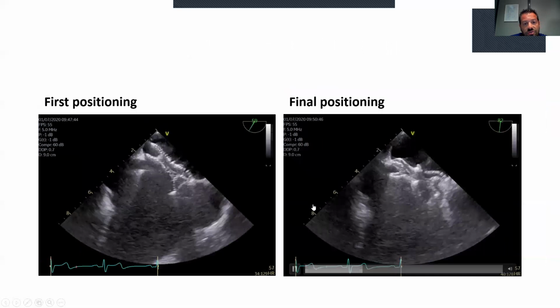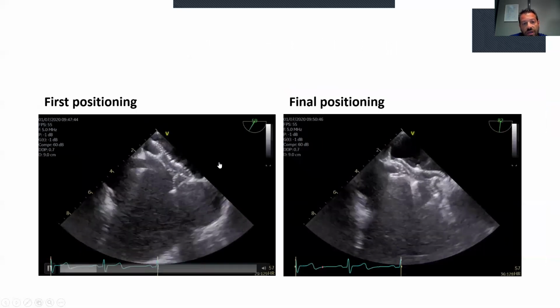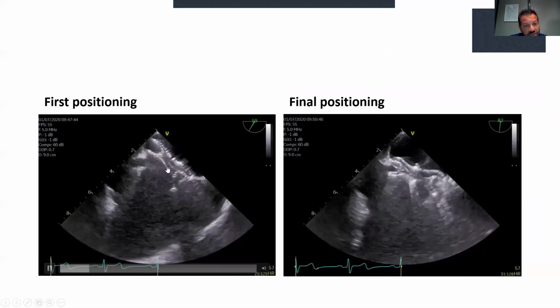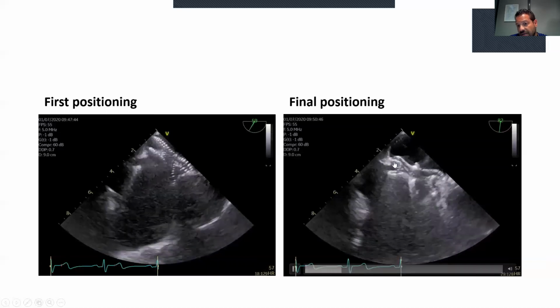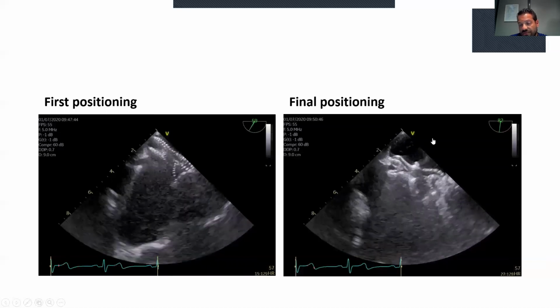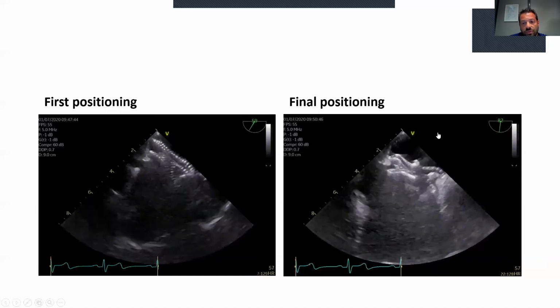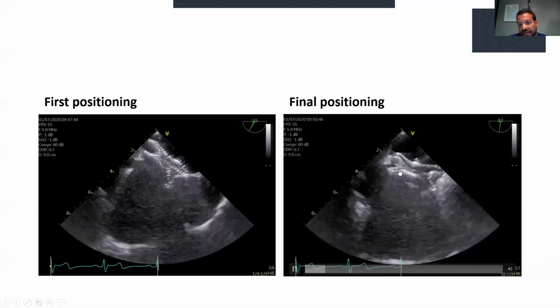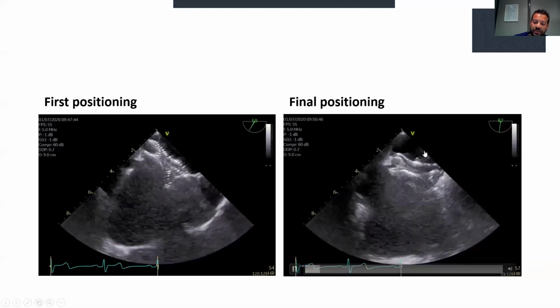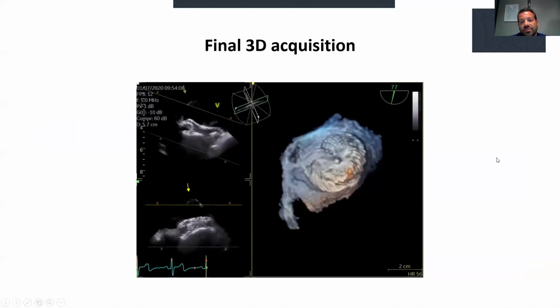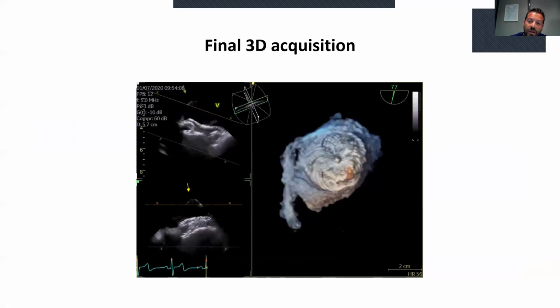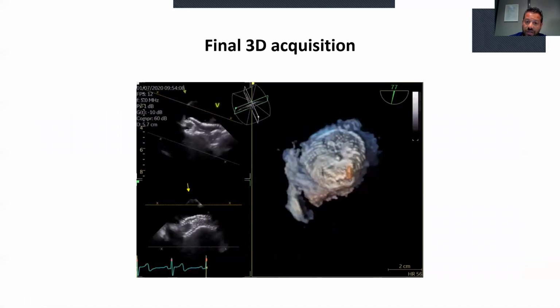And this is a comparison of the two views, the first before the repositioning, and the right one is the final position of this occluder, where you can see that the rims are between the two discs. And this was the final 3D imaging of our device.